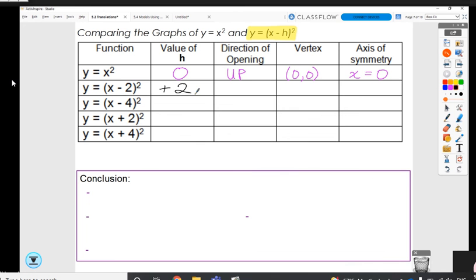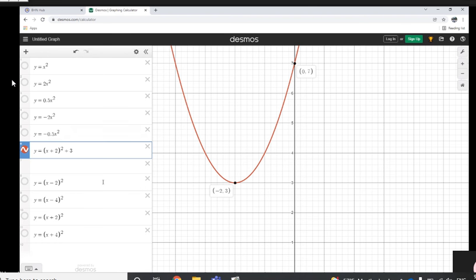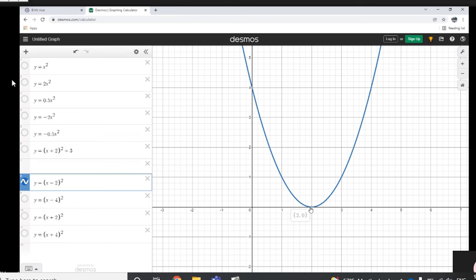So let's graph this thing and see what it looks like. x minus 2 squared, right here. And look, that h value is positive 2. We shouldn't be surprised that we went from 0, 0, 2 units to the right, towards the positive guys. So what can we say about this?